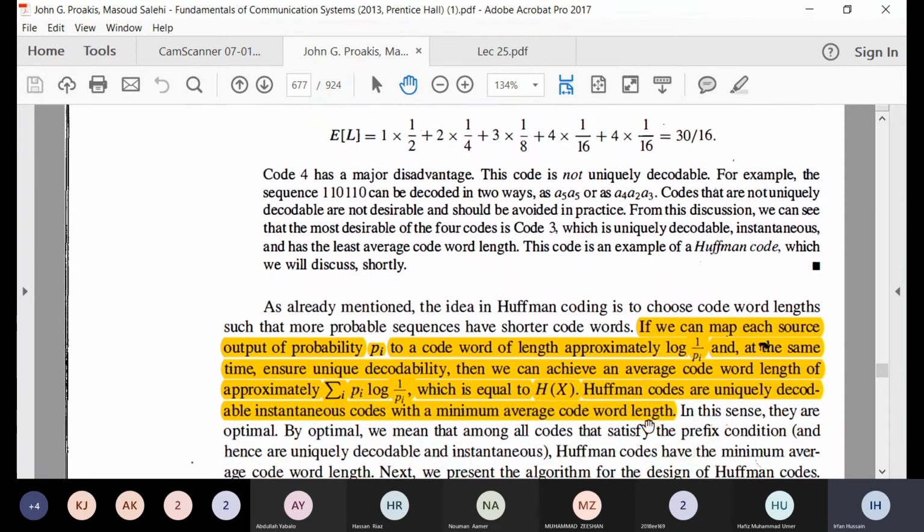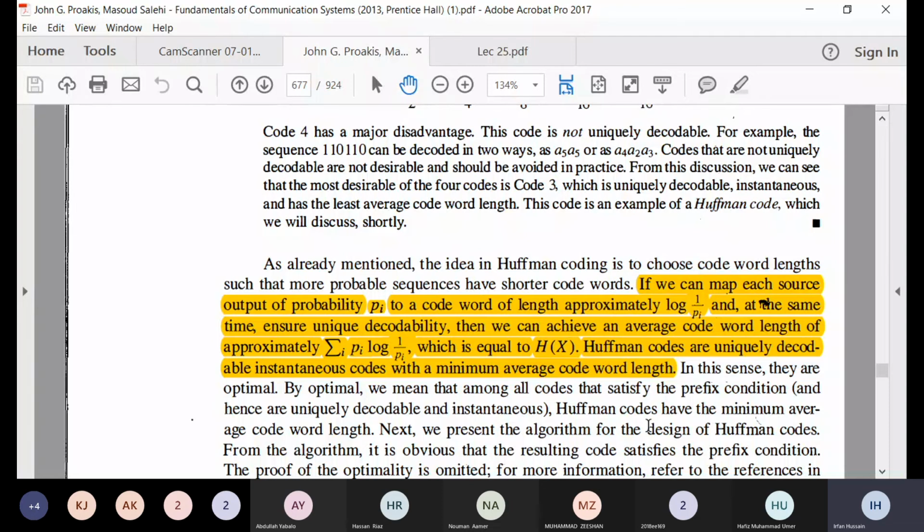So code 3 is the best code, and code 3 is called the Huffman code. In Huffman code, we try to choose the code words so that the most probable symbols have shorter code words, and we want the length to be approximately log 1 over pi, so that we can achieve the entropy of the source.